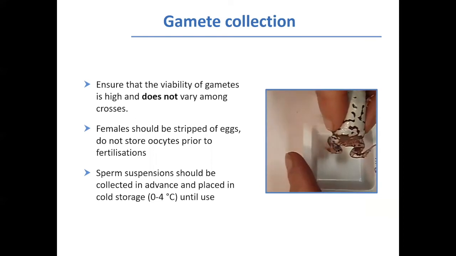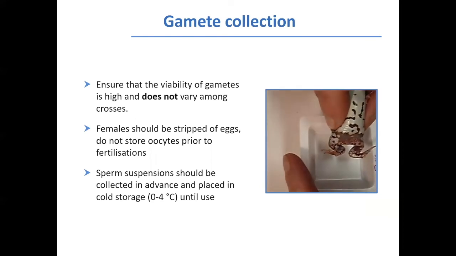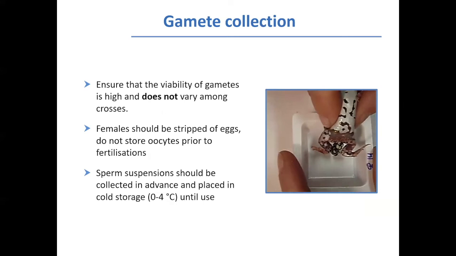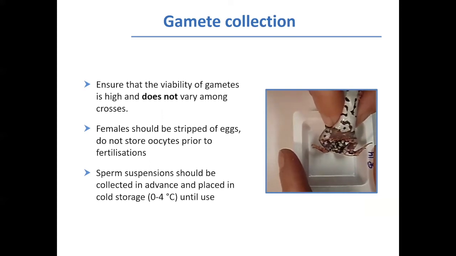When conducting artificial fertilizations, it is essential that gametes of maximum viability are collected and that viability of gametes does not vary among crosses. Importantly, when conducting fertilizations for the purpose of testing genetic outcomes, females that are hormonally induced to ovulate must be stripped of eggs, as seen in this video here, and fertilizations should be conducted immediately.